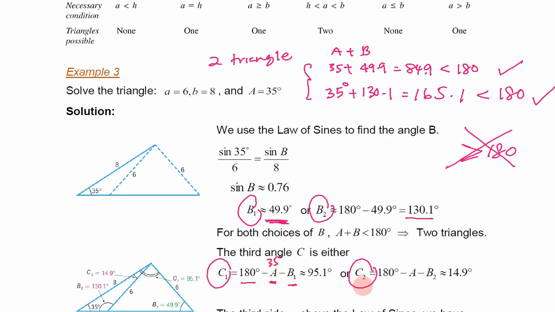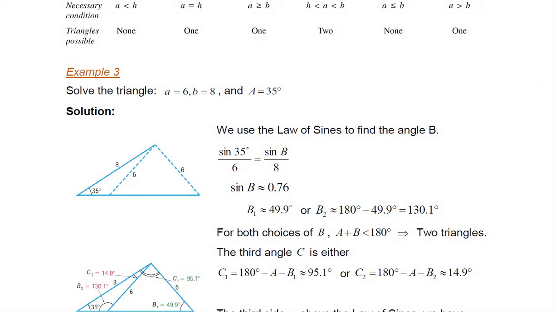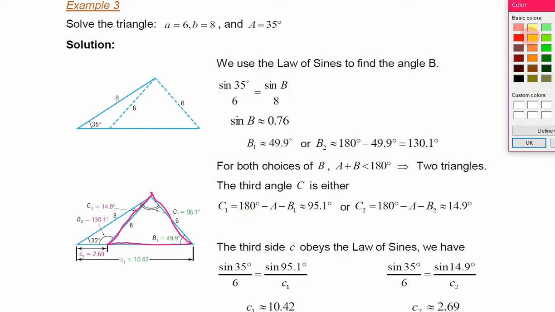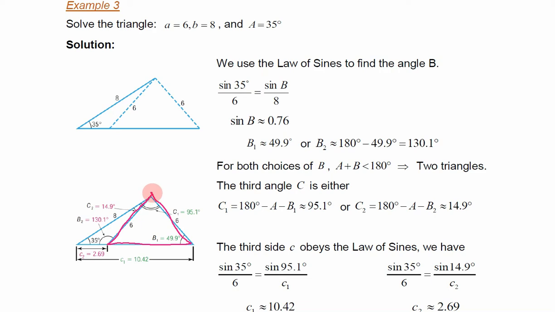And then for C2, 180 degrees minus our fixed A minus B2. Again, we will have two triangles, either this triangle or this triangle.